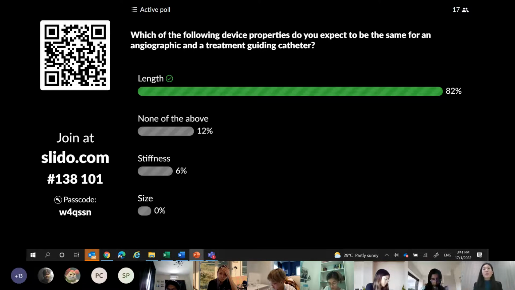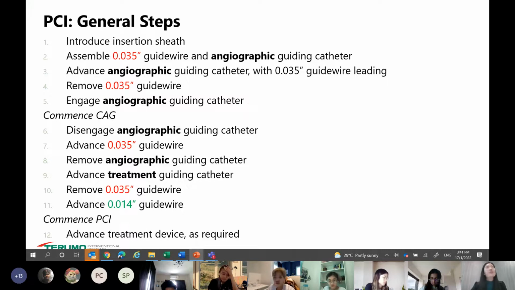But for treatment, I need to put in balloon catheters, etc. So I need a big enough size treatment guiding catheter to allow for treatment. So the only same property between angiographic and treatment is the length. So that's the first difference. Basically, in a CAG and a PCI procedure, the first difference is the guiding catheter that is used.